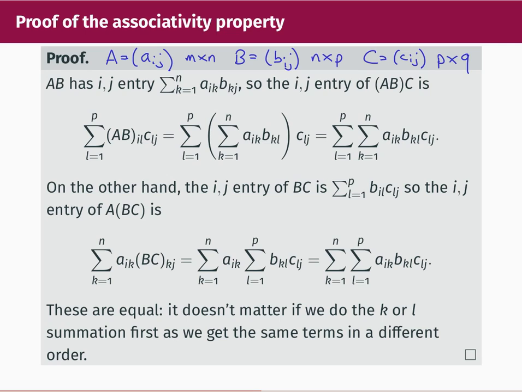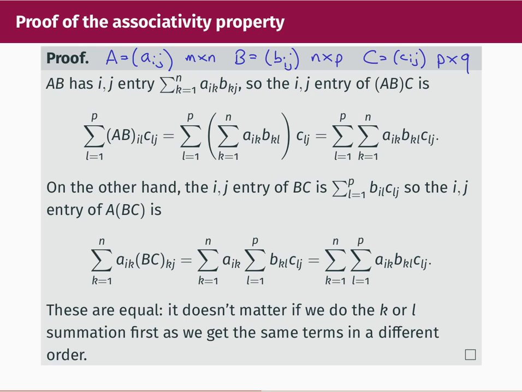So in that case, A times B times C and A times B times C, those are both matrices of the same size, namely m times q. So to show that they're equal, we just need to check that the ij entry in AB times C is equal to the ij entry in A times BC for any i and for any j.